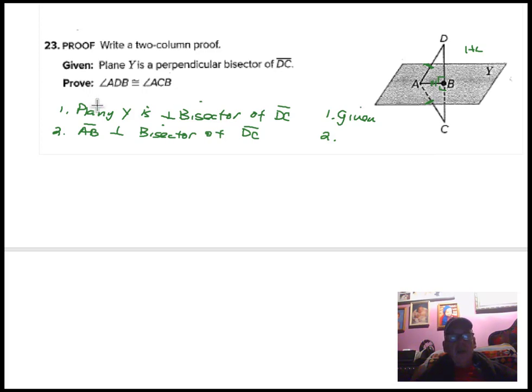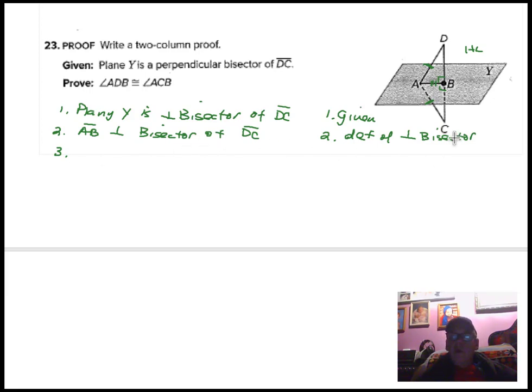This might be a little bit sketchy, but since it's contained in the plane, and the plane is a bisector, I'm just going to put definition of perpendicular bisector. So there may be a better way of getting this perpendicular bisector business in there.